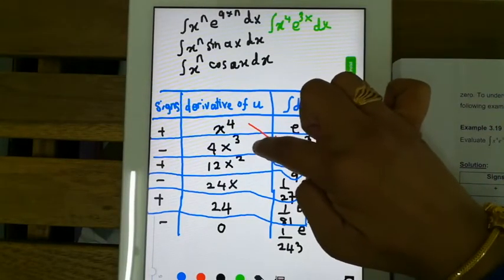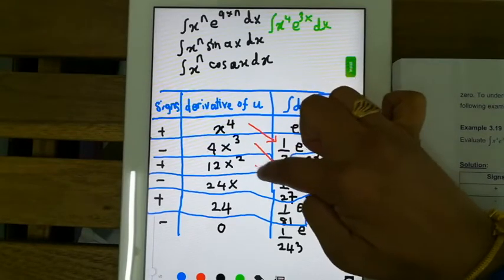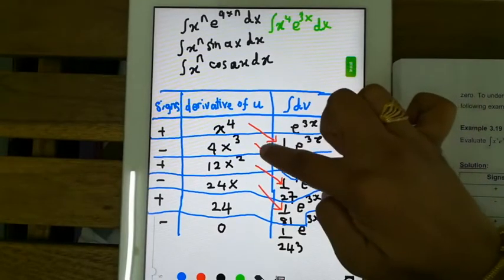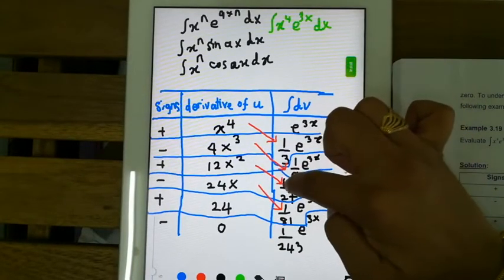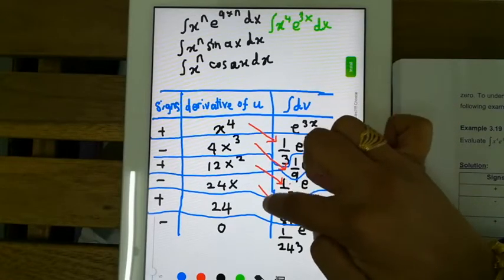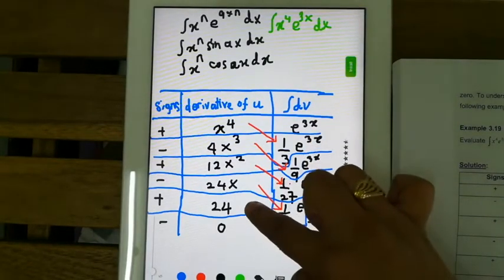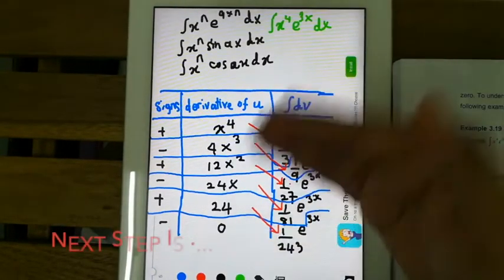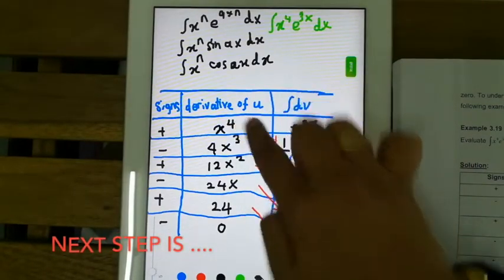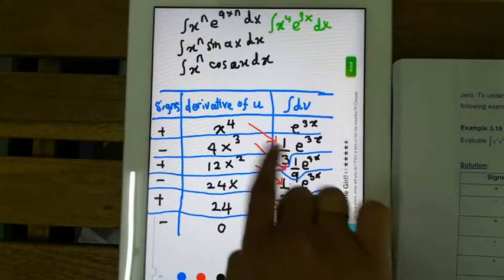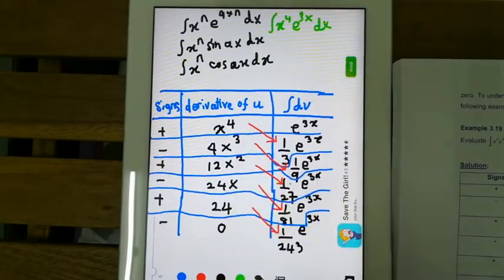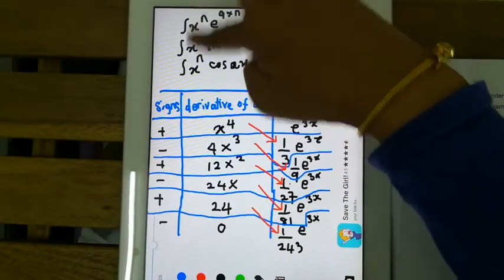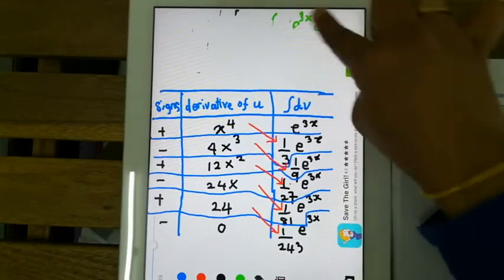The same goes for the rest. 1 over 3, 1 over 9, 1 over 27, 1 over 81, and then this is the final answer. You just need to write down the multiplication of each of the diagonal entries according to the arrow here. So I need a space, so let me delete this one to write the final answer.